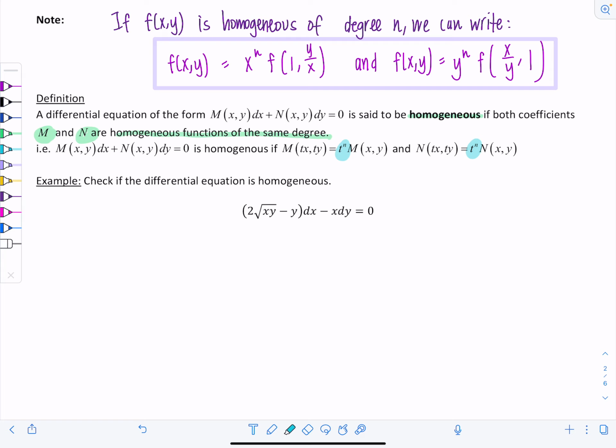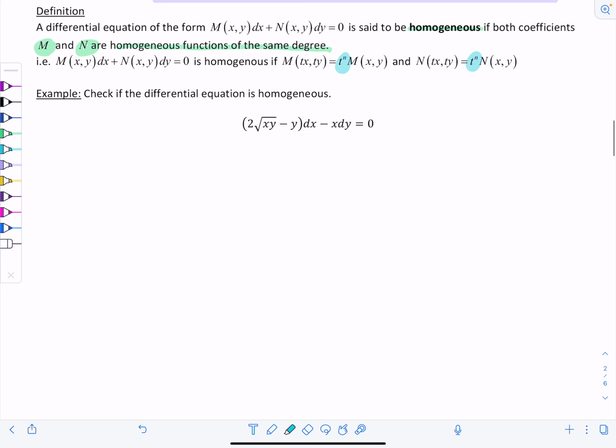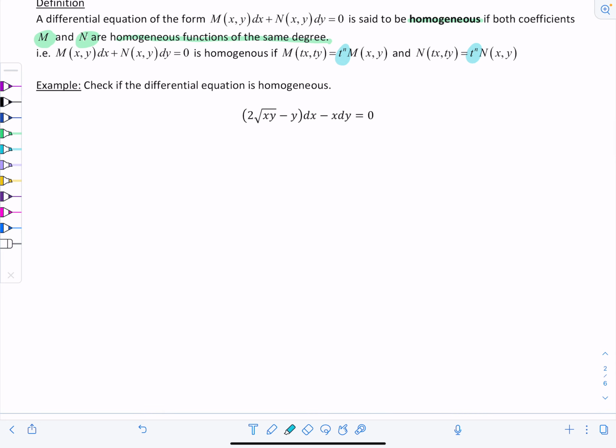All right, let's go ahead, look at an example where we're going to check if the following differential equation is indeed homogeneous. So notice here we have 2 rad xy minus y times dx minus x times dy equals 0. So I'm going to first identify what m of xy is and what n of xy is.